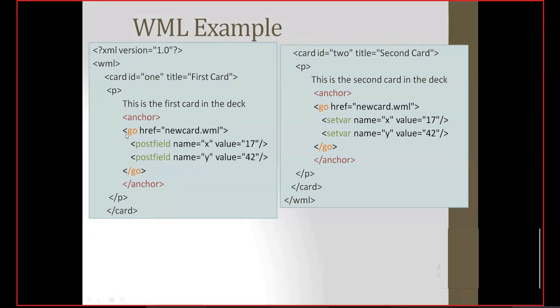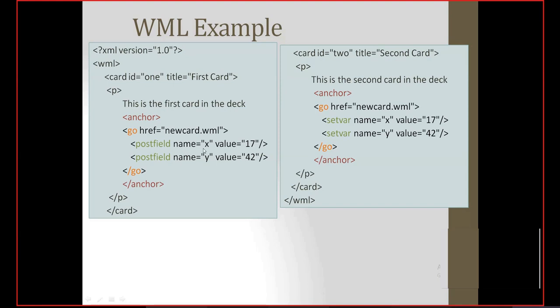And the go tag is not used directly, but it is used inside a pair of anchor tags. So this is an anchor tag which we use in WML specifically. Okay. Now inside that, whatever parameters we have to send along with the URL, we are defining those parameters with the help of the postfield tag, as I told.